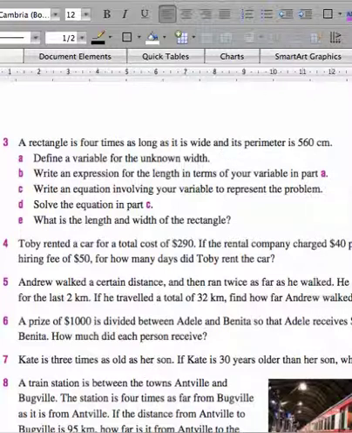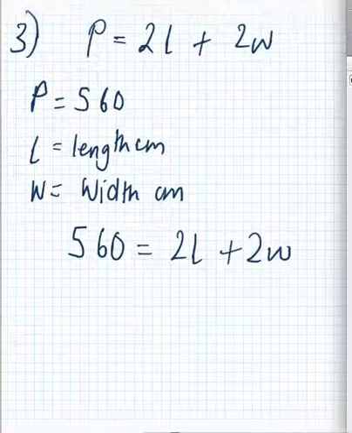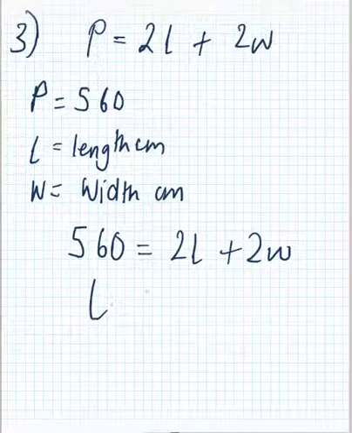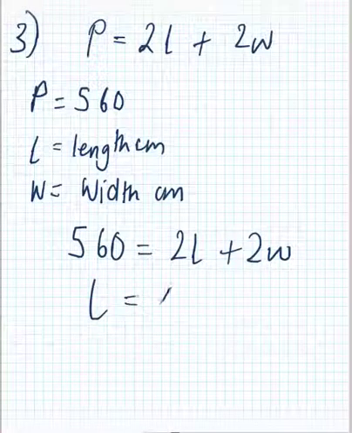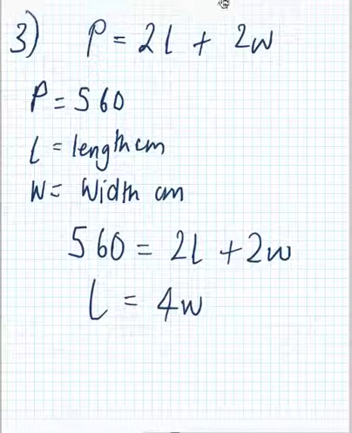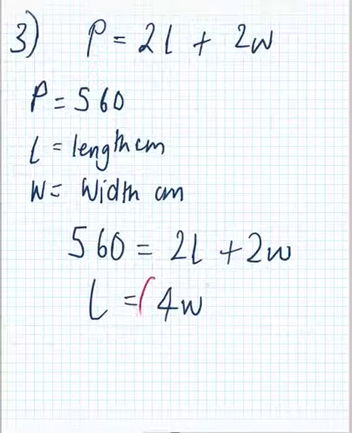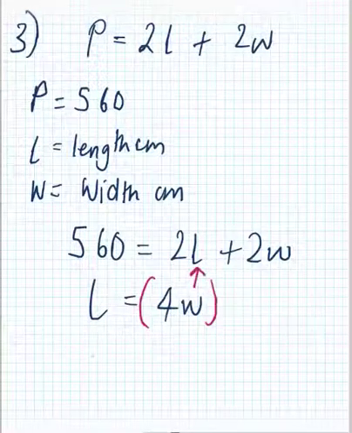So to write an equation for that, we would have this. L for length is equal to 4 times its width. So its length is as long as 4 times its width. It is quite tricky, but that's what it's actually saying. And now that we know what L is, we substitute 4W into our equation.